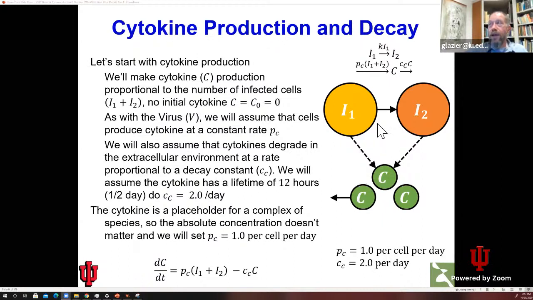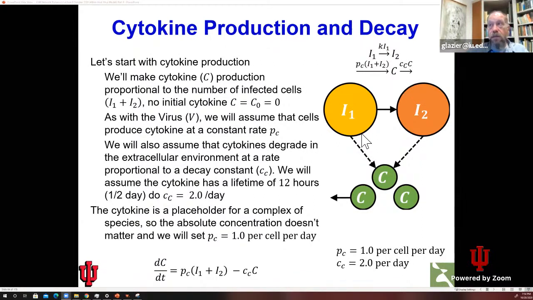And so we're now going to add to our species world a new equation, which is C, which is essentially our immune signal. And that's going to be produced by our infected 1 and infected 2 cells at a linear rate. And it's going to be broken down at some clearance rate, CC times C.